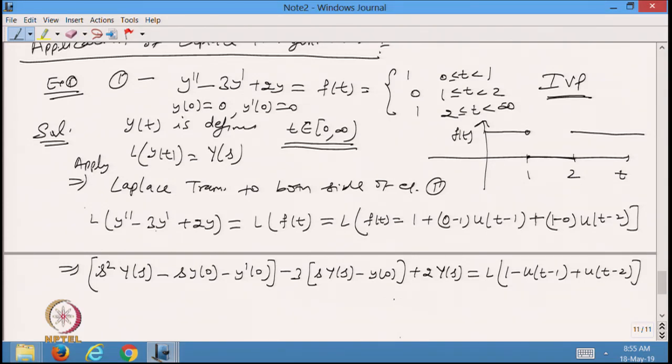Then from here, the Laplace transformation of 1 is 1 over s, and I want to define the Laplace transformation of the unit step function at t equal to 1. So, this is a unit step function.